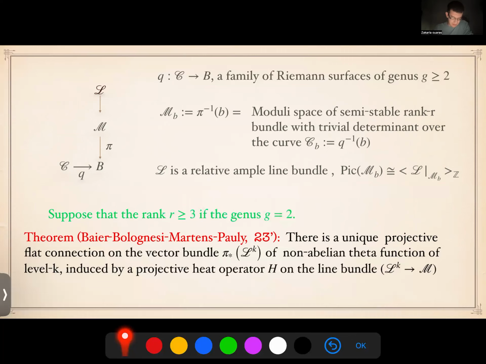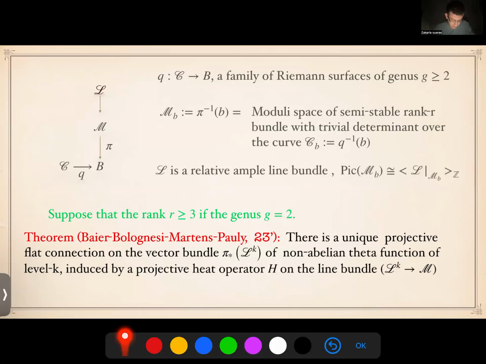So this case, genus 2, rank 2 trivial determinant, was treated by van Geemen-de Jong, in fact, to complete Hitchin's work. Hitchin showed the theorem, except the case rank 2, genus 2. And to complete this, van Geemen-de Jong constructed all the theory of heat operators, but they didn't use it to prove Hitchin's theorem. They used it to complete the case that Hitchin didn't do.